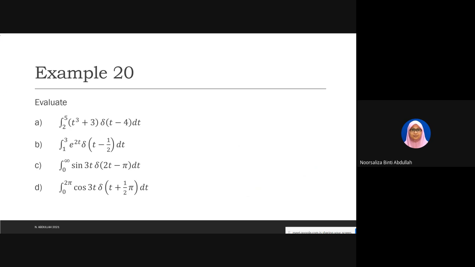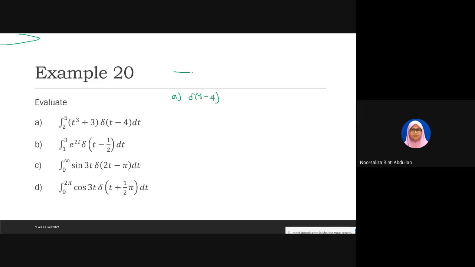Mana tadi? Okay. Delta is from delta t minus 4. You have delta t minus 4. Which means your impulse will occur at where? Kat mana impulse tu ada?